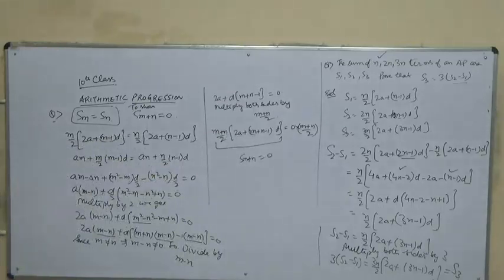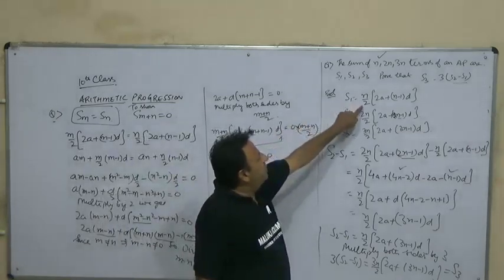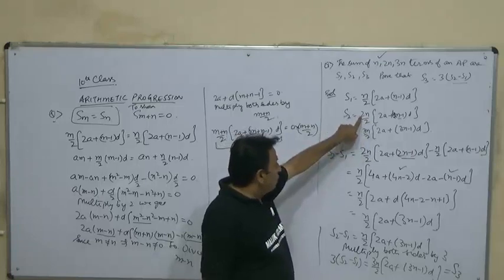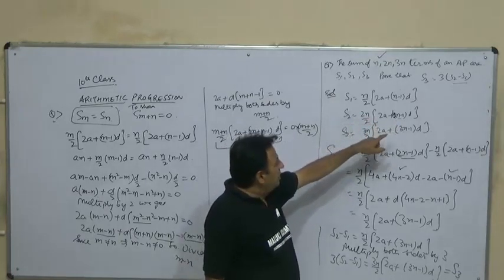So as we see in this question, we are given that the sum of n, 2n and 3n terms of an AP is S1, S2 and S3, and from there we have written these formulas. S1 is the sum of n terms, S2 is the sum of 2n terms. So here comes 2n in place of n, and here also we get 2n instead of n.